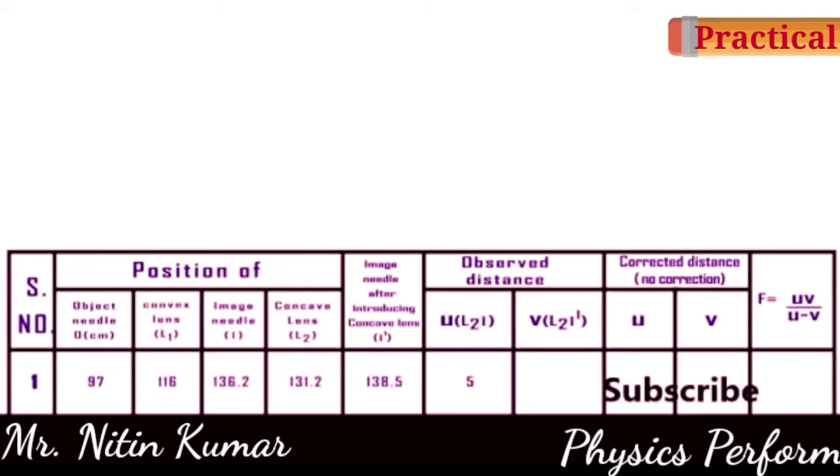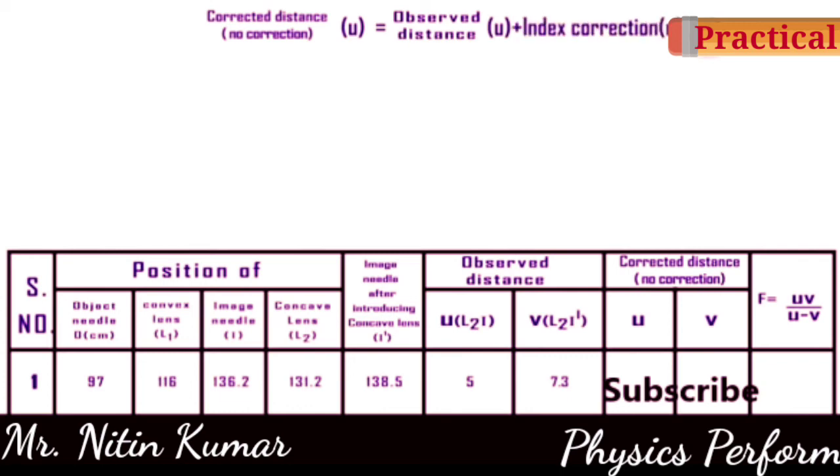Observed distance V is L2I dash, which is the distance between the concave lens upright and the new position of the image needle upright in the second arrangement. L2 minus I dash is 7.3. Corrected distance U is equal to observed distance U plus index correction U. Index correction U is equal to 0.